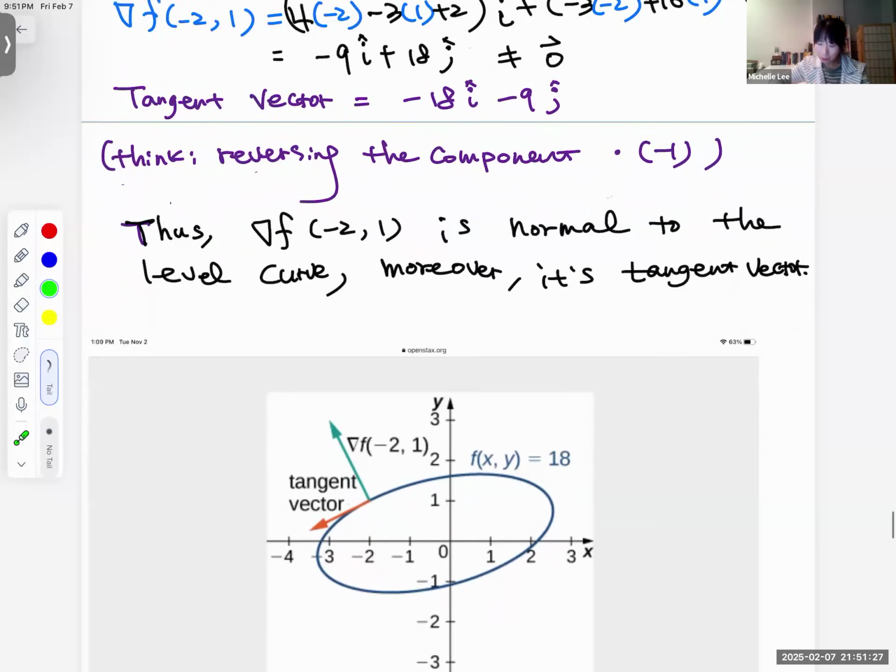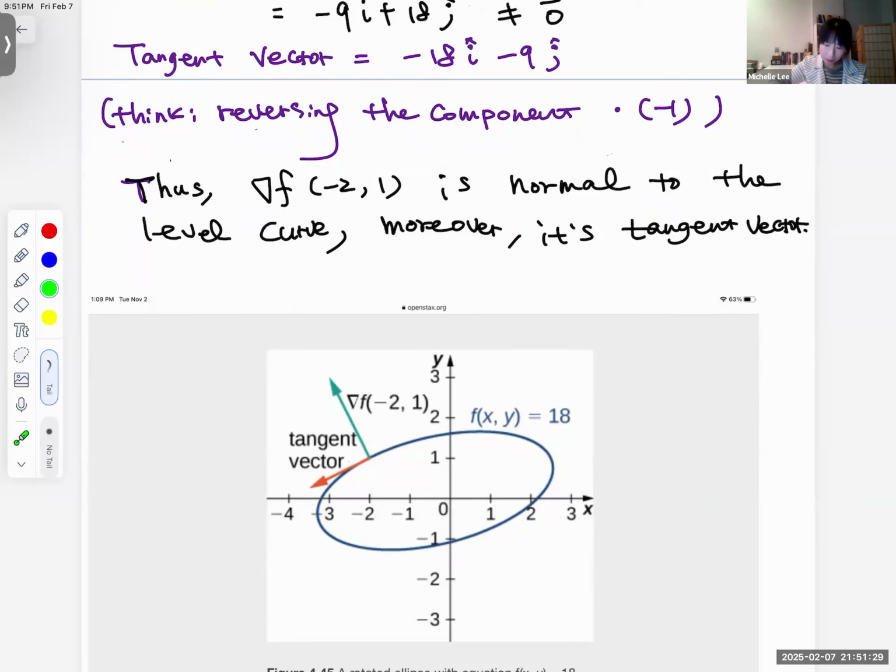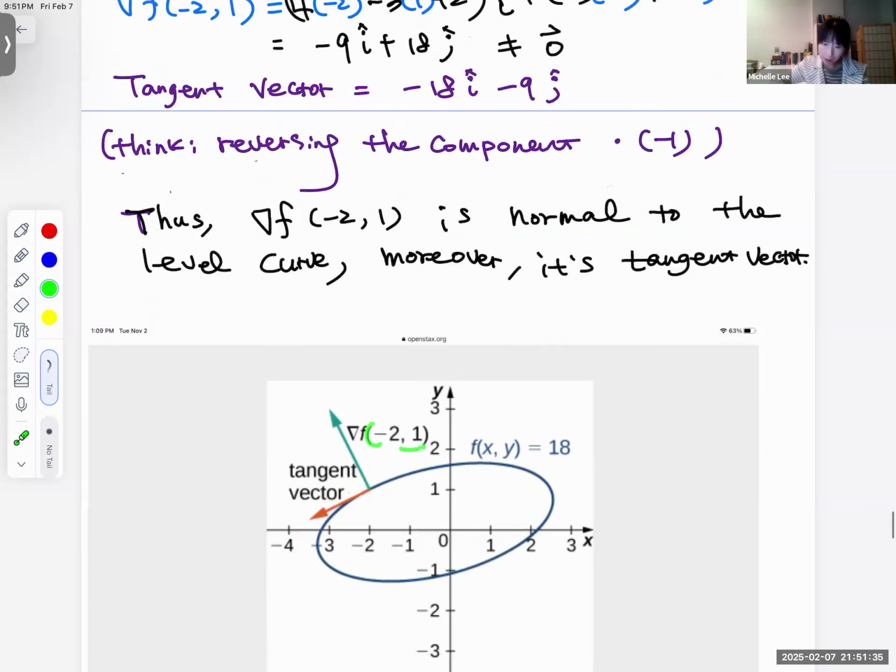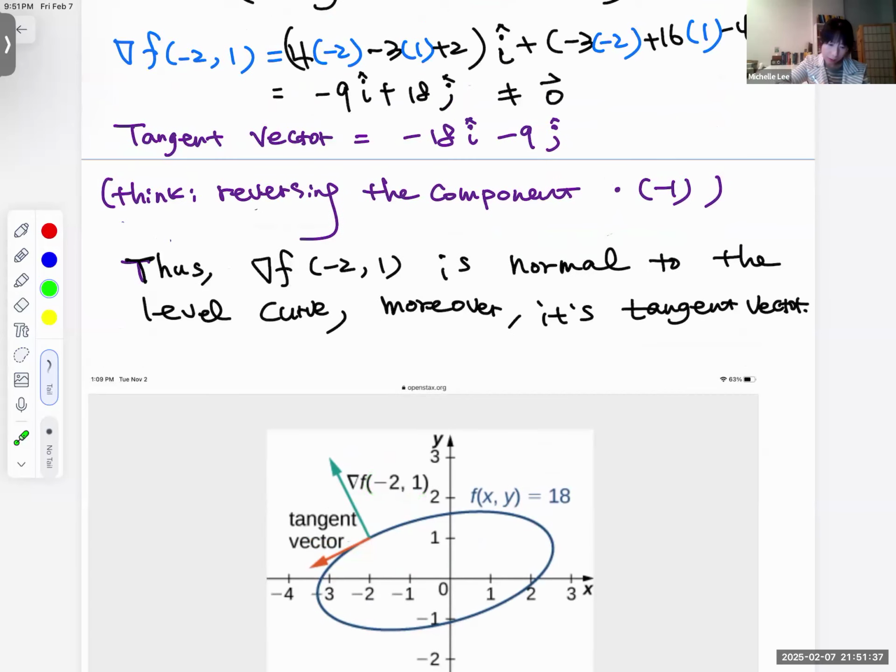Yeah, so this is the gradient when x equals negative 2 and y equals 1. Then we have the normal, which is the tangent vector, right?